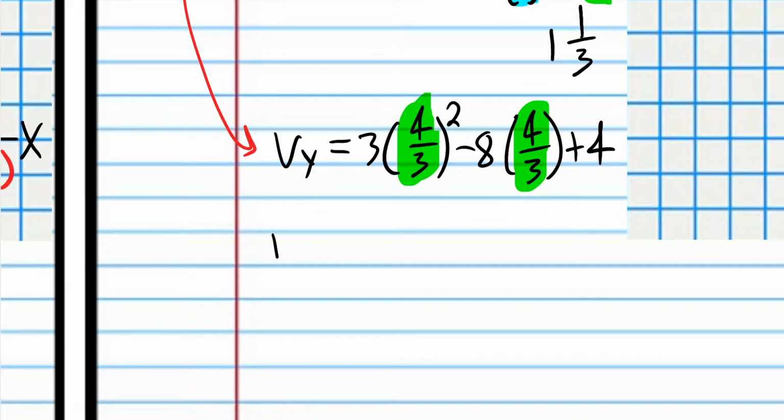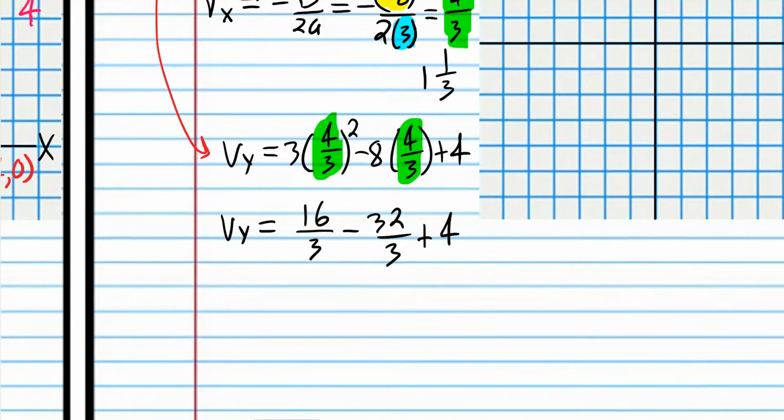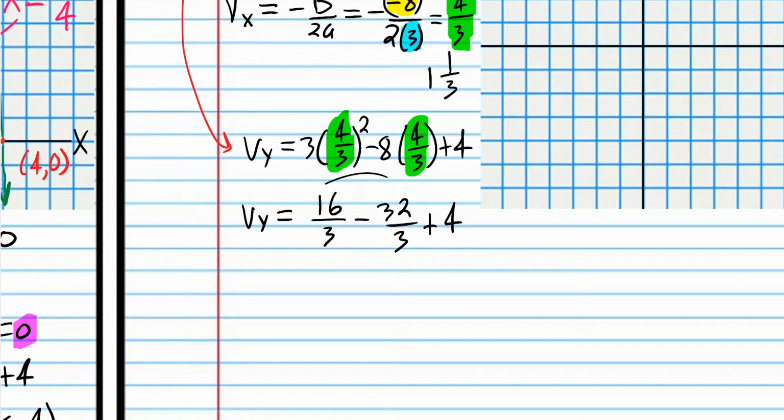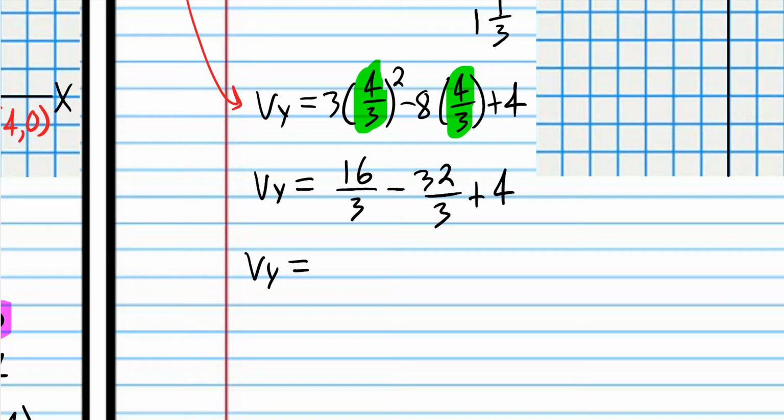And I'm going to skip steps like we did in the first problem. So let's see, we have 16 over 3 minus 32 over 3 plus 4. And so we have a common denominator here, so we can go ahead and combine these two. So we have negative 16 over 3 plus 4.